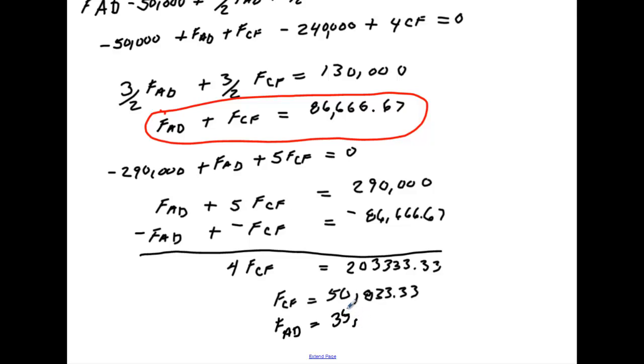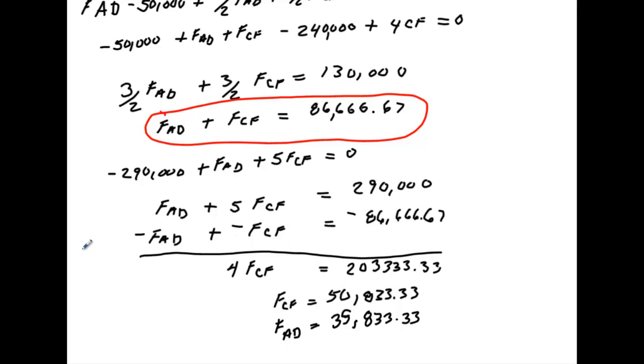Supposed to be 35,000. Okay, and then you just basically keep going on up and find the other force.